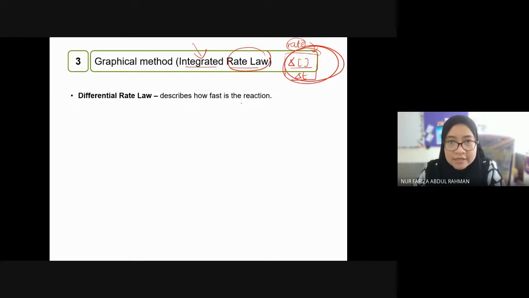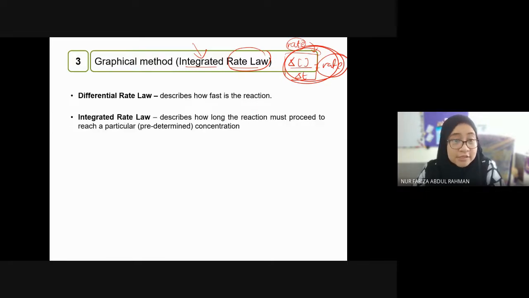Basically you will be given the rate, so you know the rate directly. Remember the relationship in the balanced equation, where we have the coefficient 1 over it, and don't forget the negative and positive.